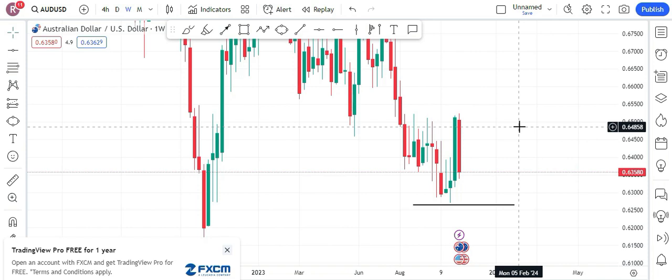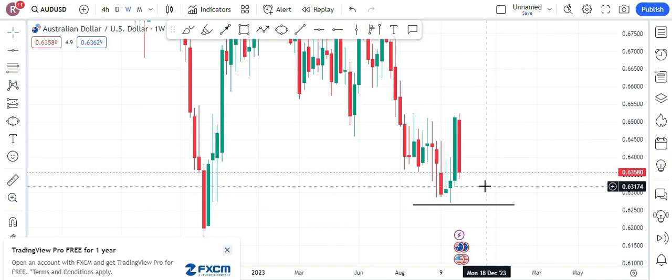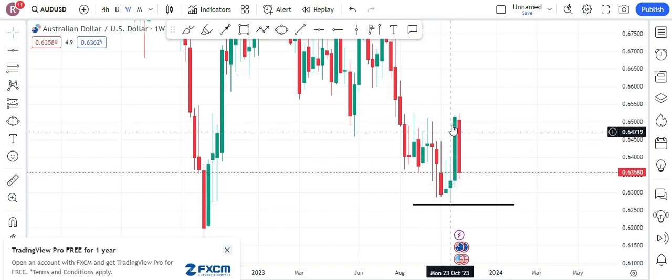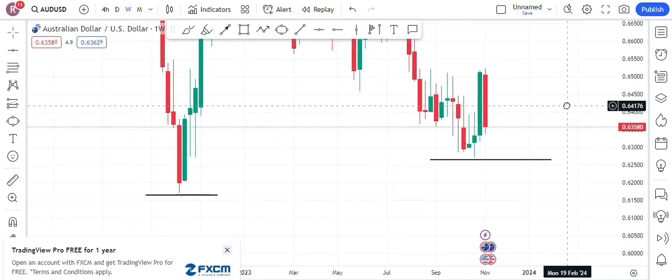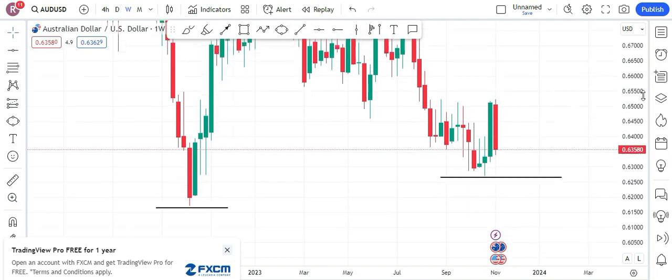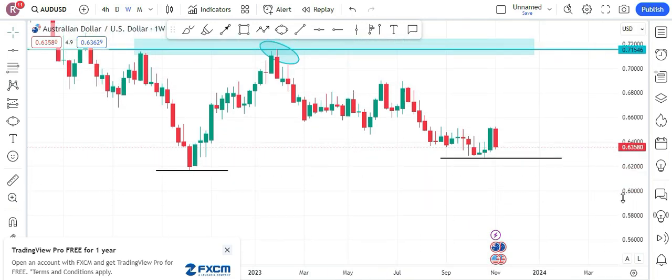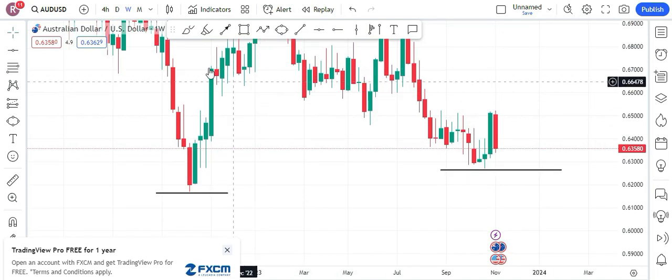And this bearish candle made me worried, because it almost covered the previous candle, but it couldn't break it. So in the weekly we don't have anything at the moment, no double bottom. So let's move to the day time frame.